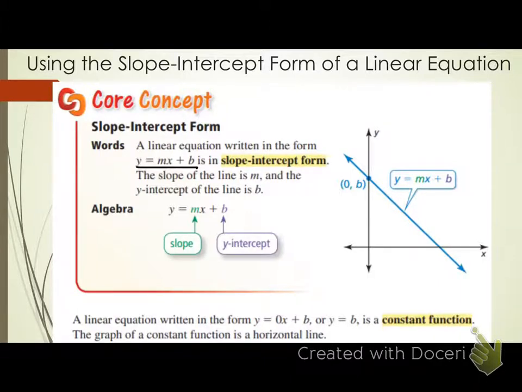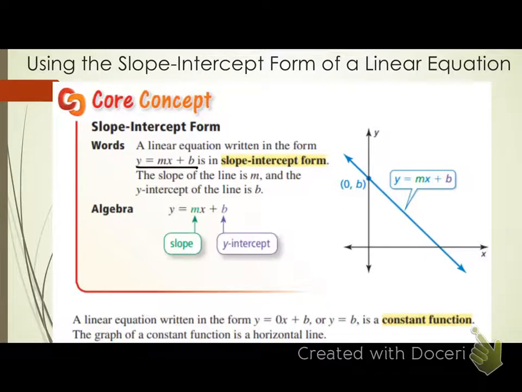y equals mx plus b. Whenever it's in slope-intercept form, your slope will always be multiplied by x. Your y-intercept will always be the constant, the number without a variable. Okay? Down at the bottom, a linear equation written in the form y equals 0x plus b will just turn into y equals b. Because 0 times x is 0, it just goes away, right? I'd be left with y equals b.